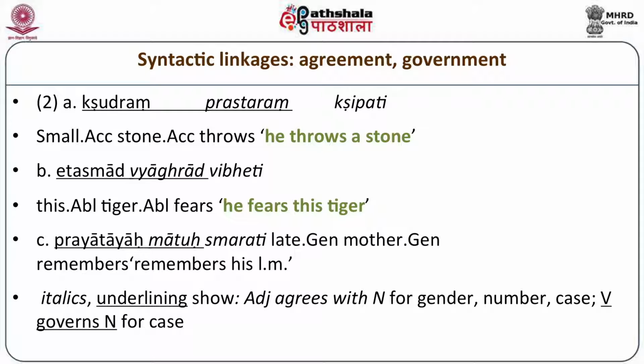But those people, those structuralists, have said, when you say that prayataya copies the feminine gender from matuh, and therefore there is agreement for gender between matuh, mother, and prayataya, dead, you are making a mistake.